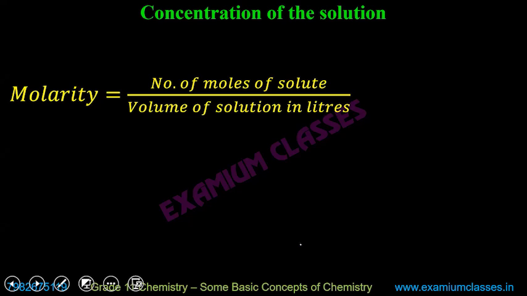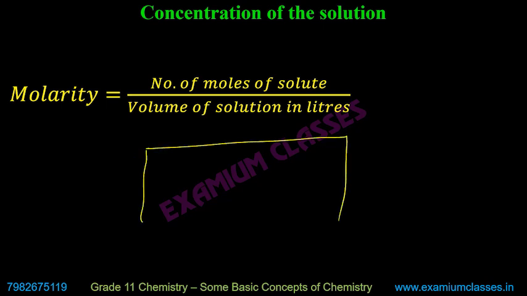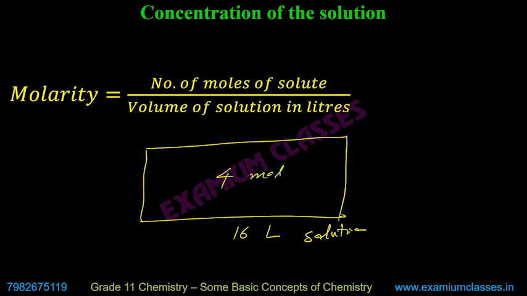And molarity is how many moles are in 1 liter of the solution. So suppose, just to understand it very clearly, this is a 16 liter total volume solution, and it has, say, a total of 4 moles. But the definition of molarity is that I need it in 1 liter, not in 16 liters.